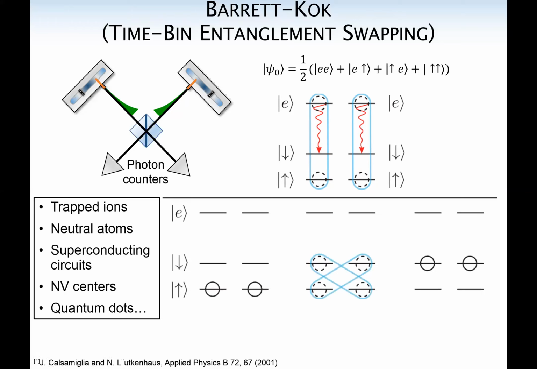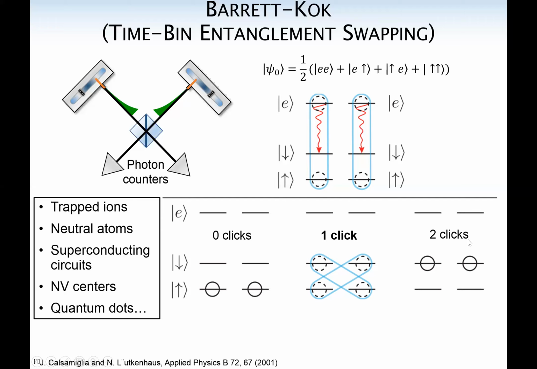Why is that useful? Well, imagine you now have put photon counters at the other end of these beam splitters, and you measure. So if you get 0 clicks, that means you projected your system into a state in which it was never in EE, and so you project into the up state, because that's a case where there was no excitation that could decay from E to down.